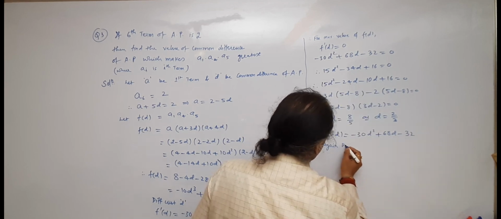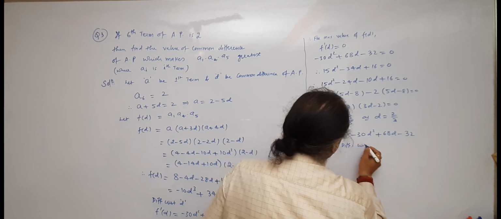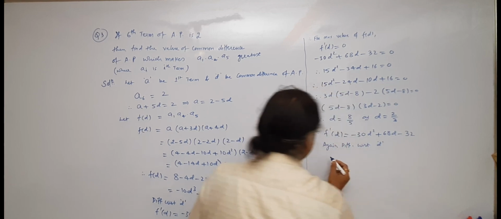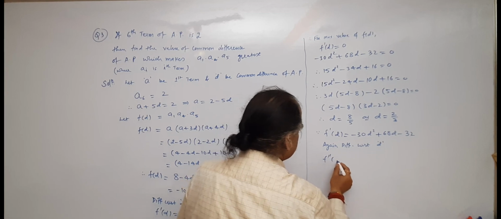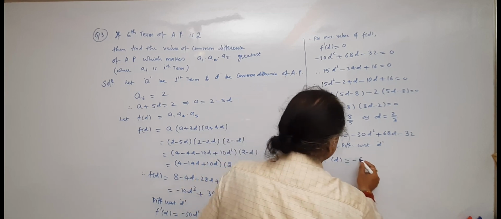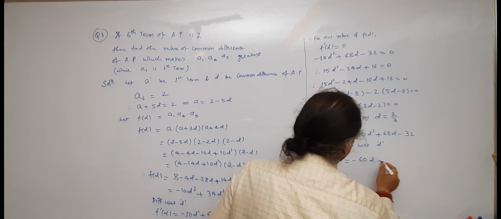Again, differentiating with respect to D. So f double dash D is what? Minus 60D plus 68.